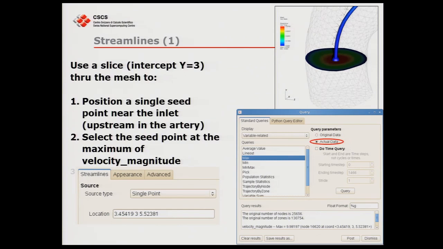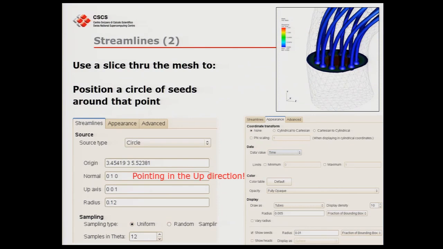I don't see any other person raising their hand, which means I'm assuming everybody has that first part running. So highlighted in red here, make sure that when you query the actual data, which is the slice through that mesh, this is really the only difficulty at this particular moment.